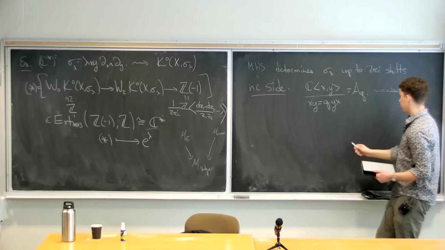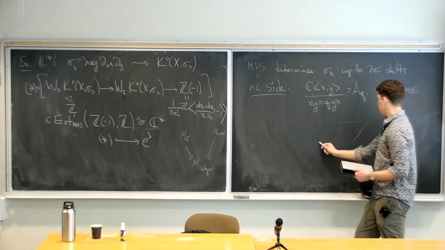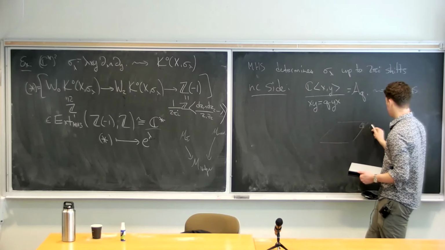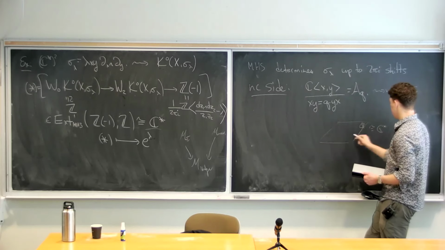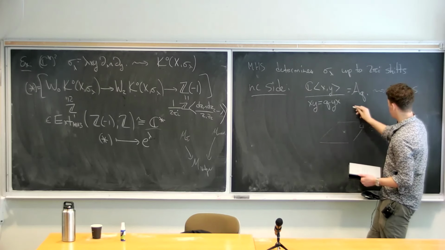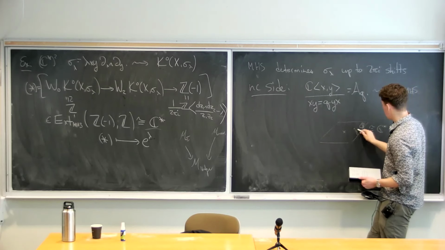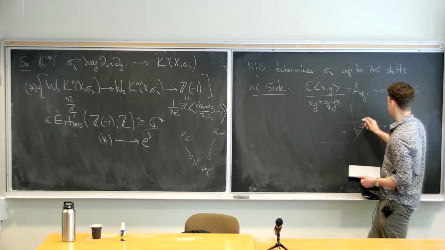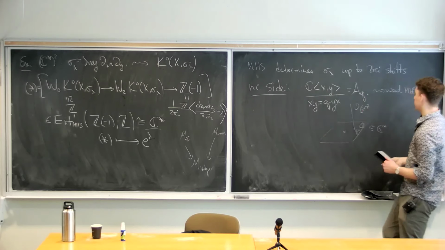Actually, maybe we want better than that. Maybe if this is the q plane, which looks like C star, then over each point, say q equals 1, I'm going to have O of C star squared. It'll be commutative.